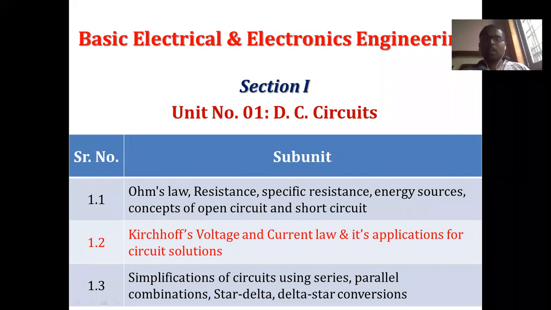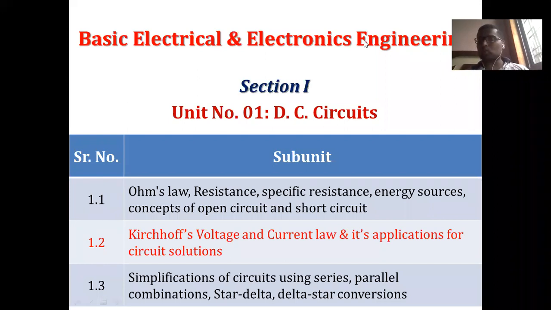Okay. So, as I already told you, this subject is the combination of two subjects. One is basic electrical engineering and the other is basic electronics. The electrical engineering we call section first, and the electronics engineering we call section second.